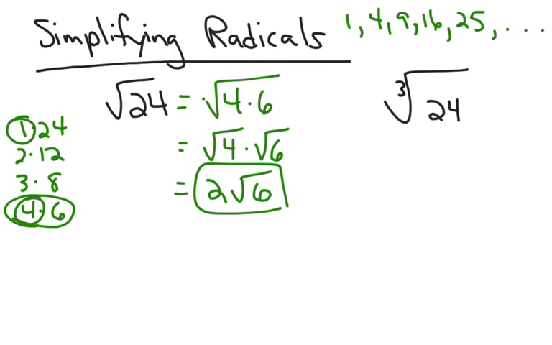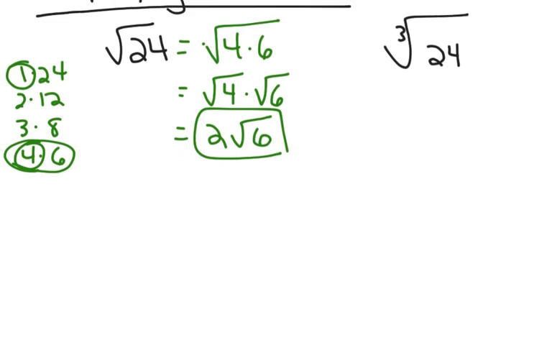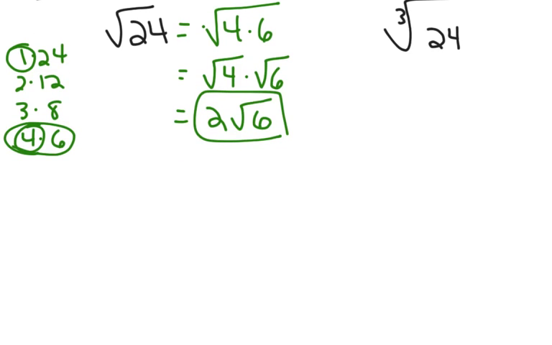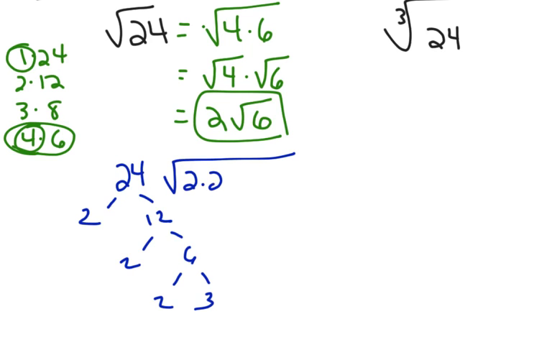The book does this in a slightly different fashion. I prefer this method. The other way of doing it is to create a factor tree using prime factorization. So if I break down 24 into all prime numbers, I find out that it's 2 times 2 times 2 times 3.